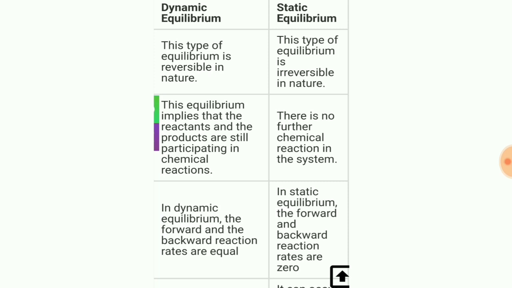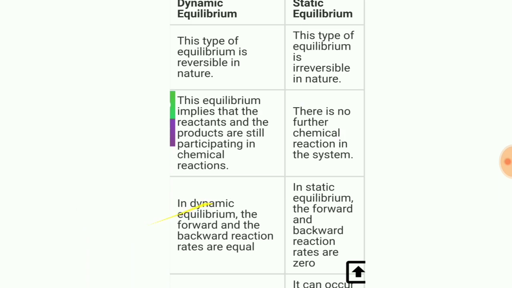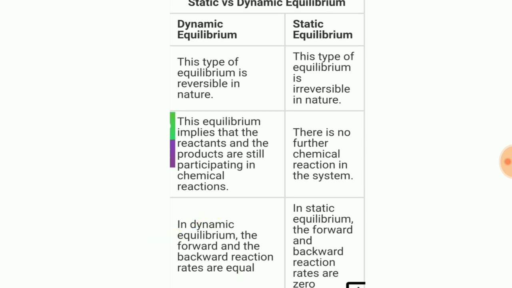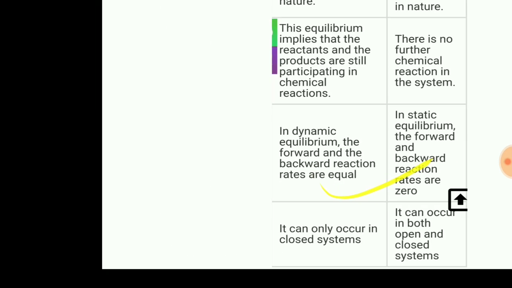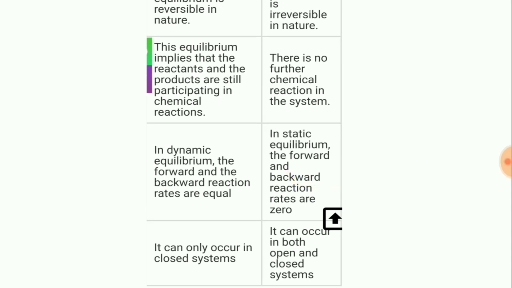In static equilibrium, the movement totally stops. Dynamic equilibrium implies that reactants and products are still participating in chemical reaction. In case of static, there is no further chemical reaction in the system. In dynamic equilibrium, the forward and backward reaction rates are equal. In static equilibrium, the forward and backward reaction rates are zero because reactions do not take place.